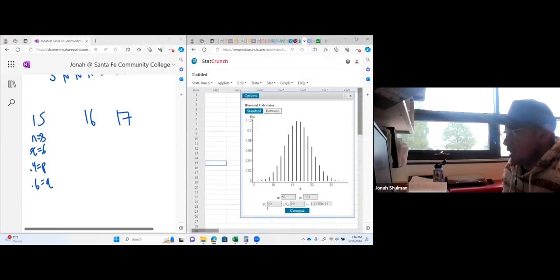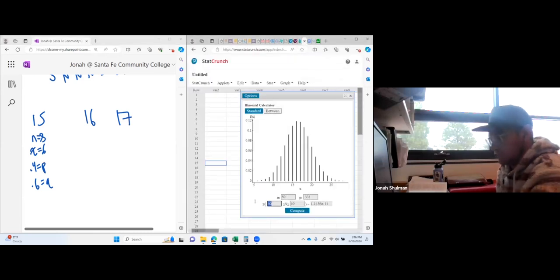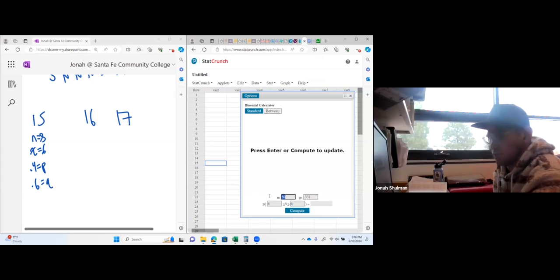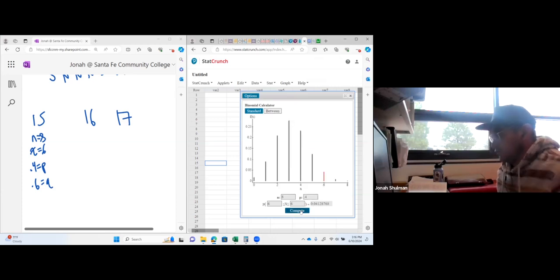We want exactly 6. So we've got 8 people, and our probability that we want this to happen is 0.4. It's 4%, that exactly 6 out of 8 will happen. 4% chance.